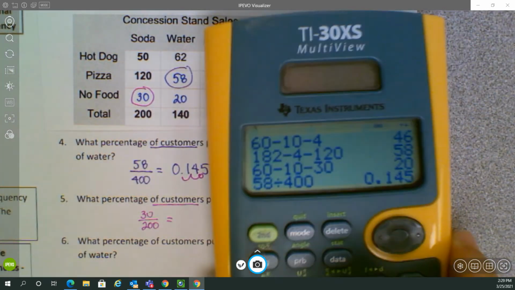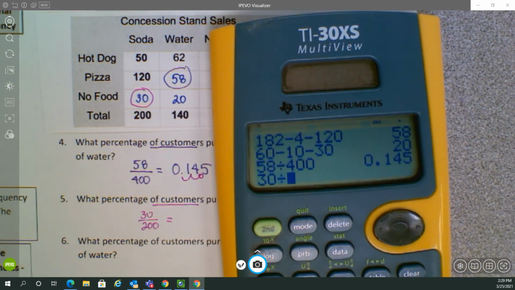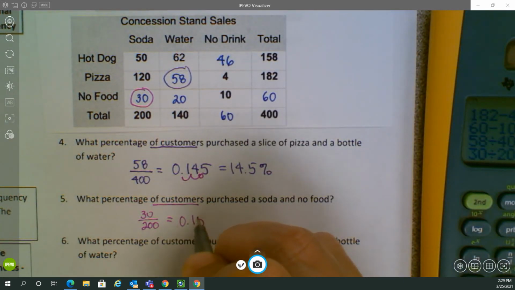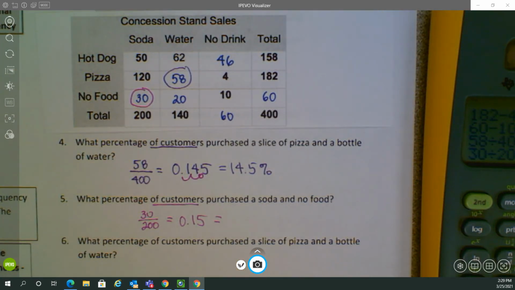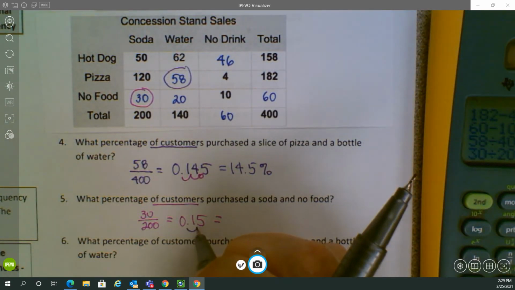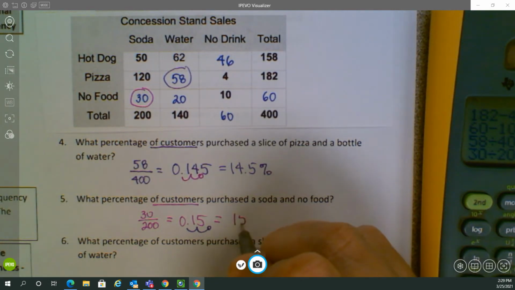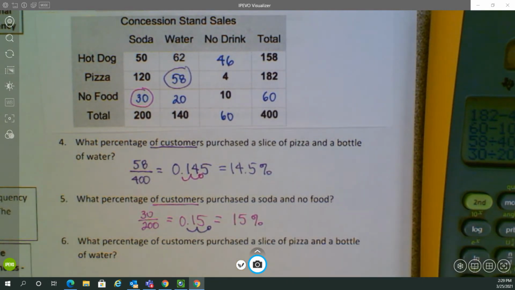And so when we divide 30 divided by 200, we get 0.15, 15 hundredths. And then in order to convert that to a percent, remember we shift our decimal to the right 2 places. And so we are at 15%. All right.